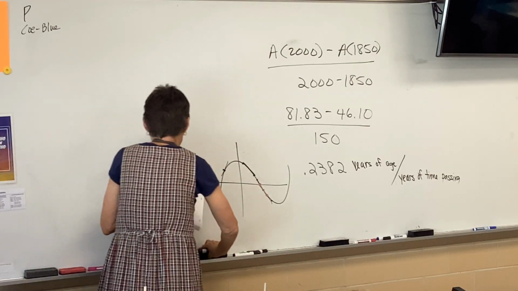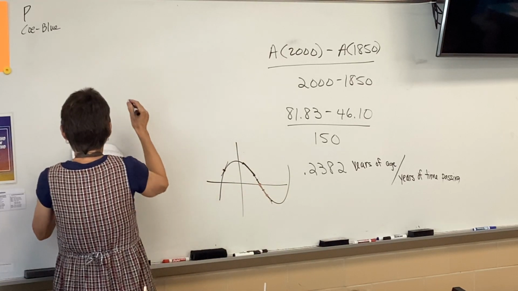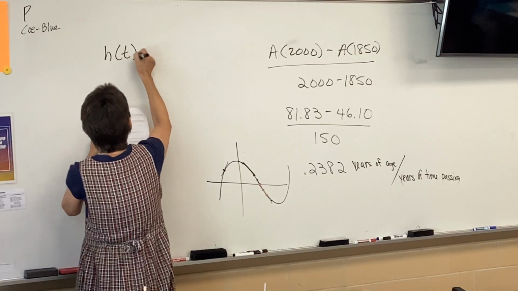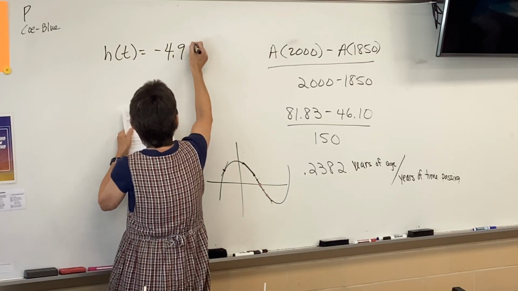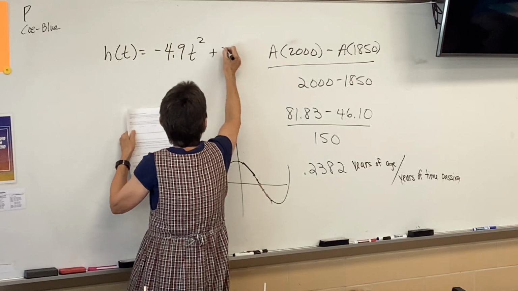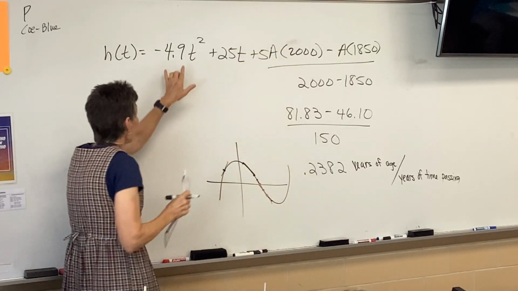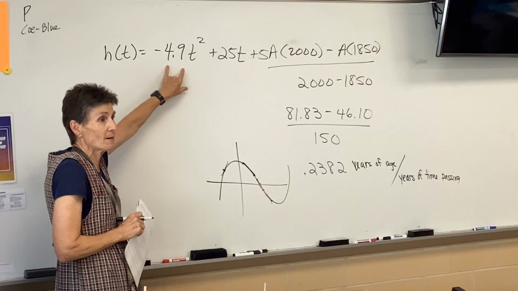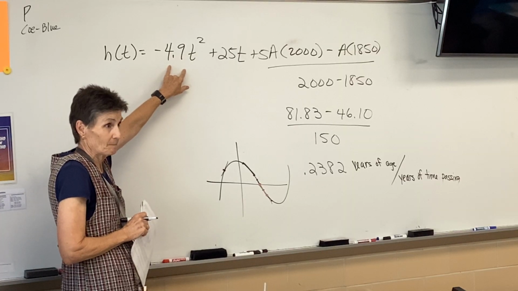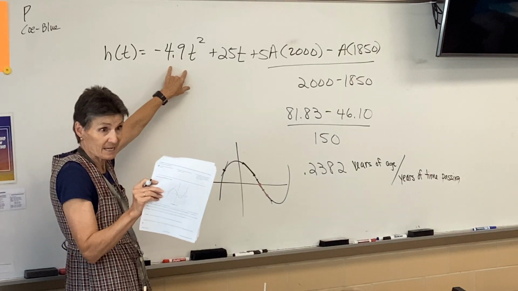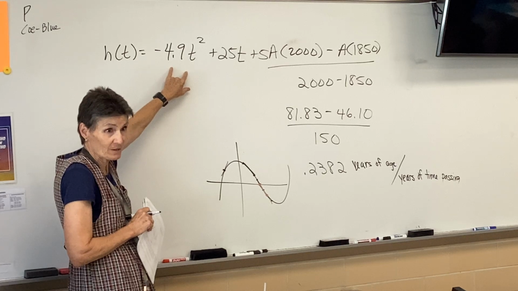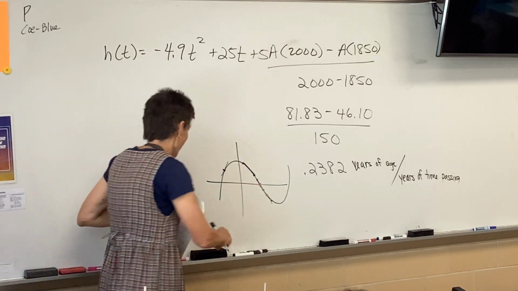So, here we go. We want to find, here's our formula. By the way, what is this? Do you recognize this guy right here? This is your projectile motion formula, but the 4.9 tells me my measurement is in meters. Instead of being a negative 16, which it was when we did it in feet, this is in meters.